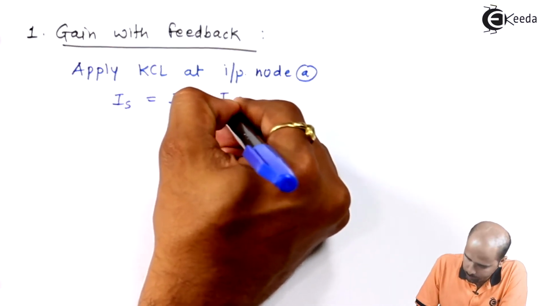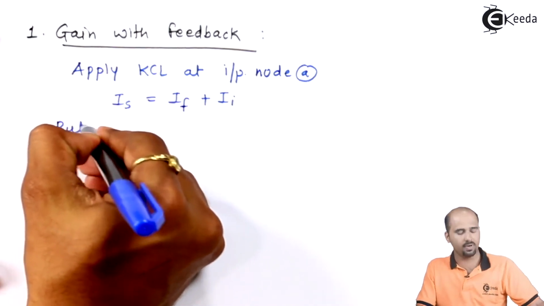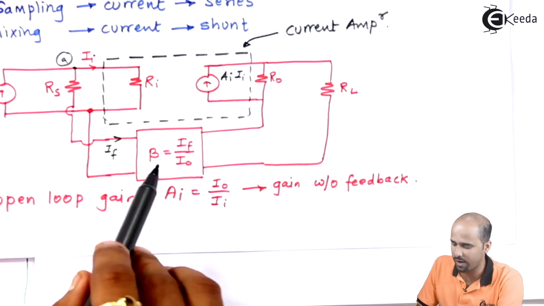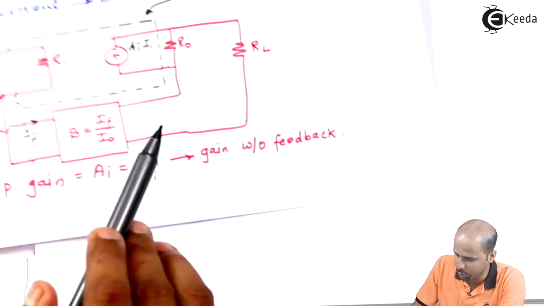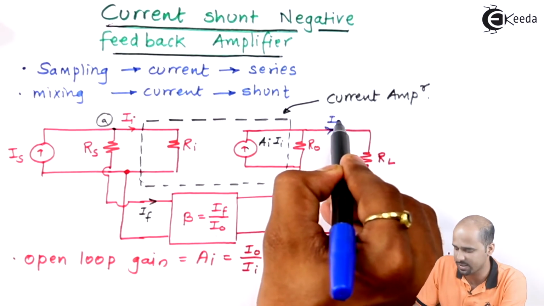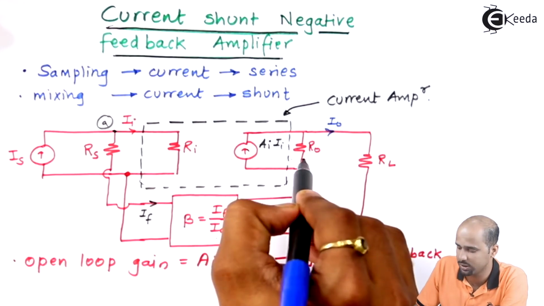But what's the value of IF? The value of IF is B into IO, and the value of II is IO divided by AI, as the value of RO is much higher as compared to RL.